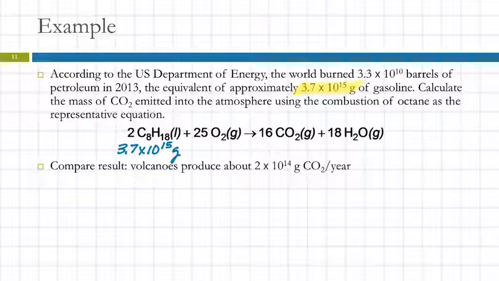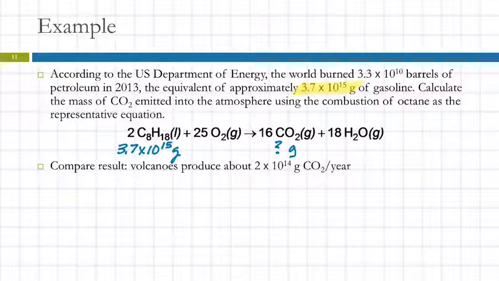Now, what are we trying to find? Mass of CO2. So over here, CO2, I'm going to put a question mark. And the mass, probably grams would be an easy unit. So I'll put grams. So we need a path. We can't go from grams of octane to grams of CO2 because the equation doesn't give us that relationship. It gives us relationships between moles.